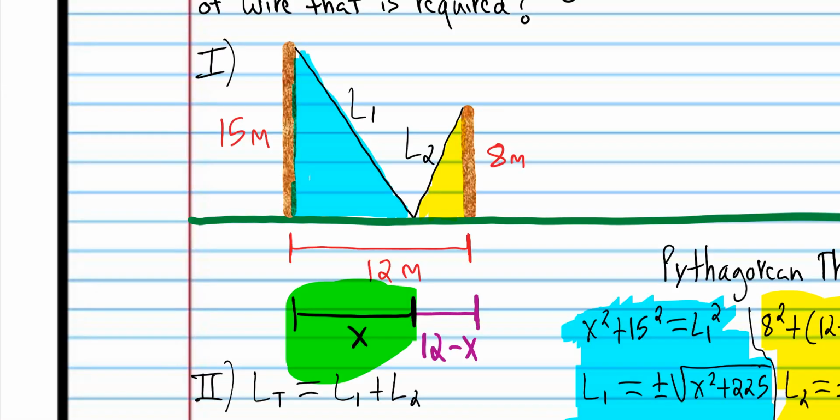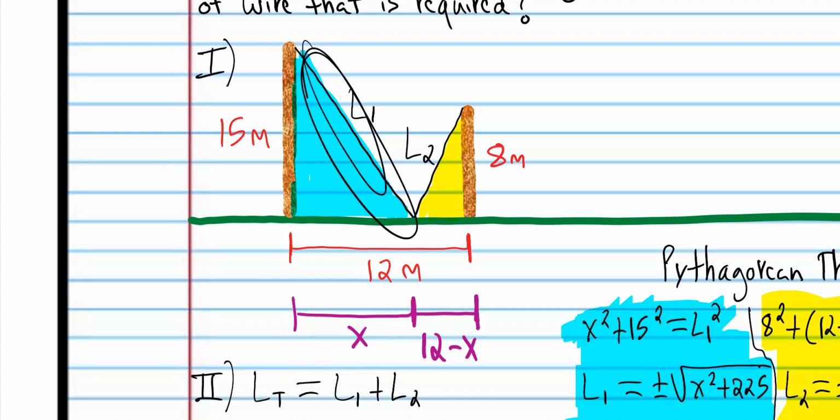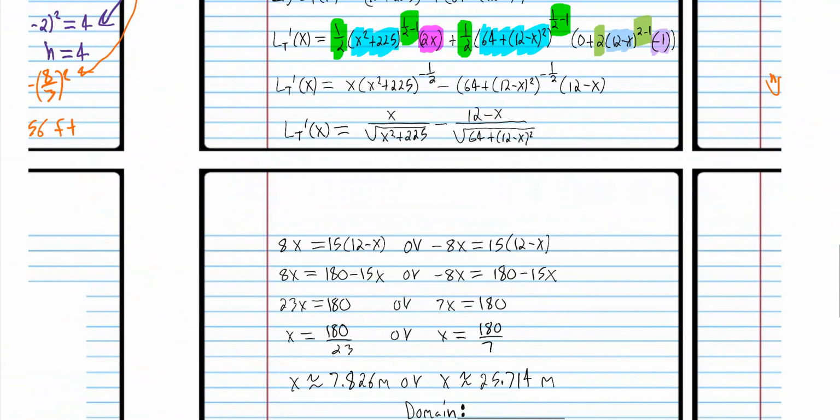So what is the smallest value of x? Well, x could actually be 0. If x is 0, then that would mean that this wire here would just be going straight down the pole. I don't know if that would really stabilize the pole very much, but the problem doesn't tell us that that can't happen, so x could actually be 0.